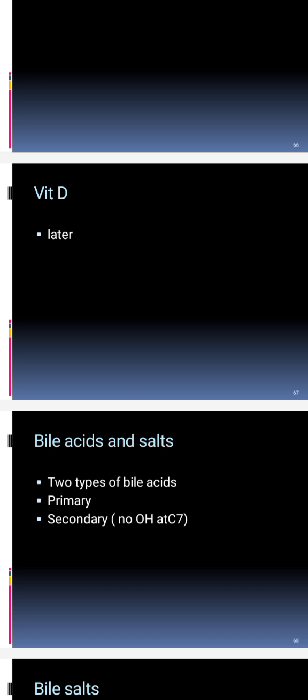The lipid-soluble vitamins are A, D, E, K. To remember them, you can say ADEK. So, vitamin D is one of the most important fat or lipid soluble vitamins.